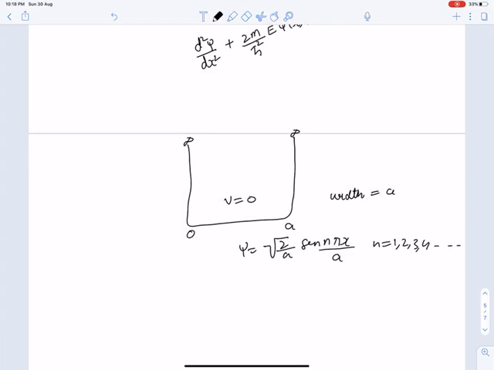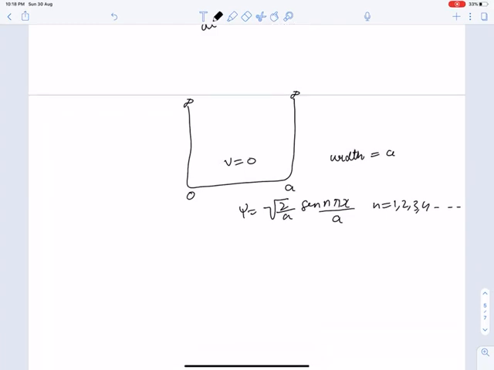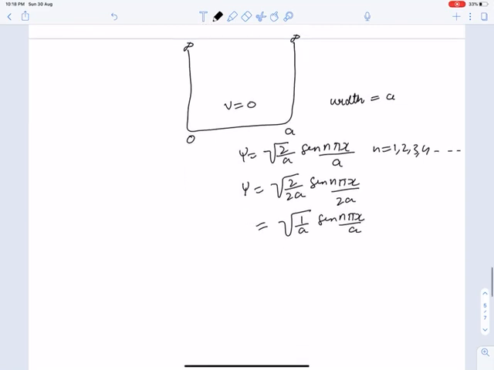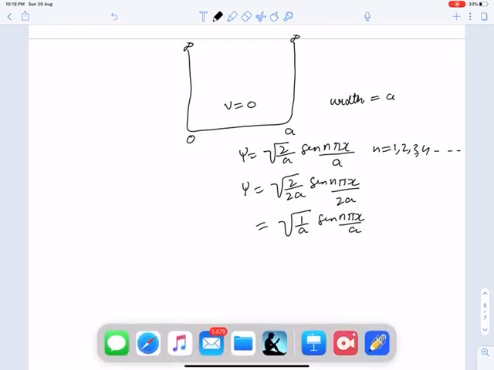In the previous slide I have chosen minus a to a, so you can directly change it. Psi is equal to under root 2 by the width, which is now 2a, so I have to write 2a, sine n pi x by 2a. So you can get the function 1 by a here, sine n pi x by a. You can get the normalization constant directly here, but the actual method is psi star psi equal to 1. So you can do it as an exercise.